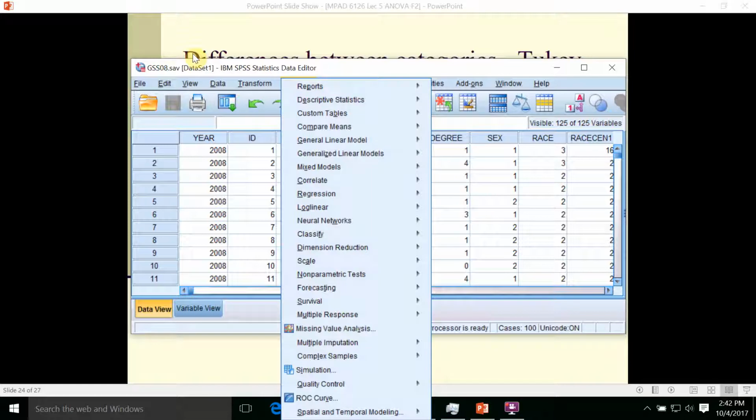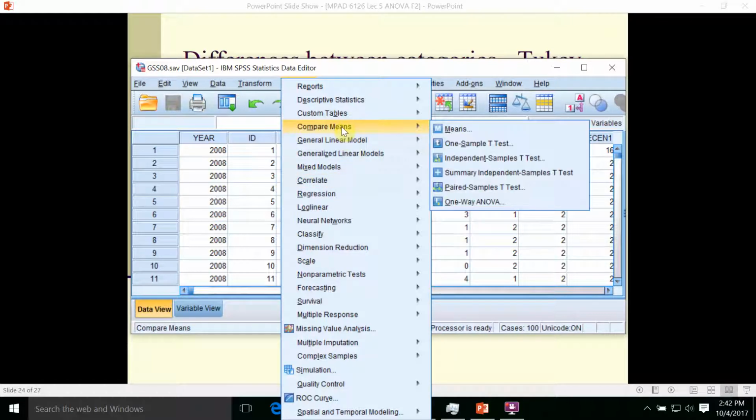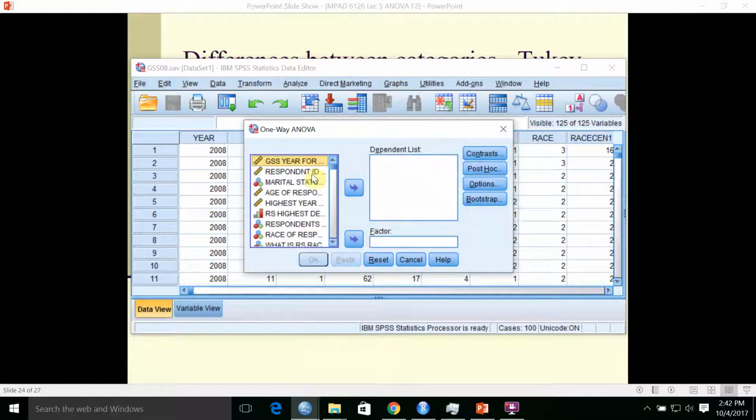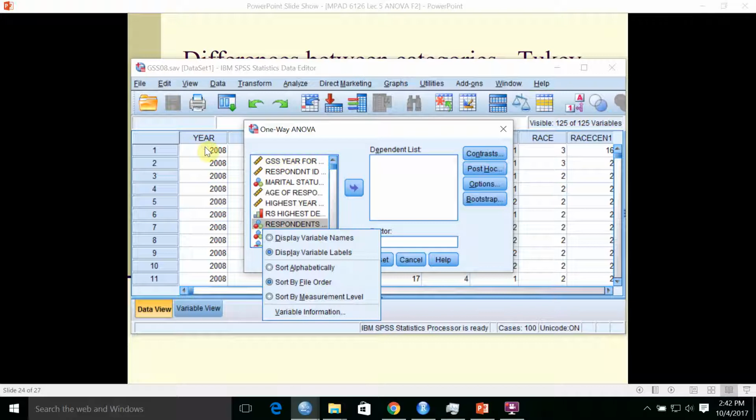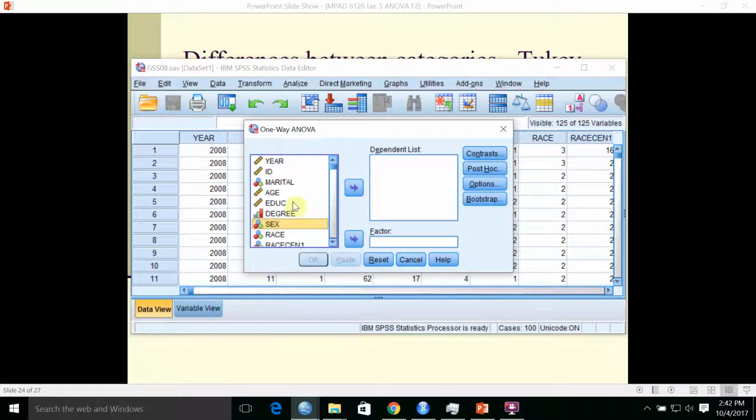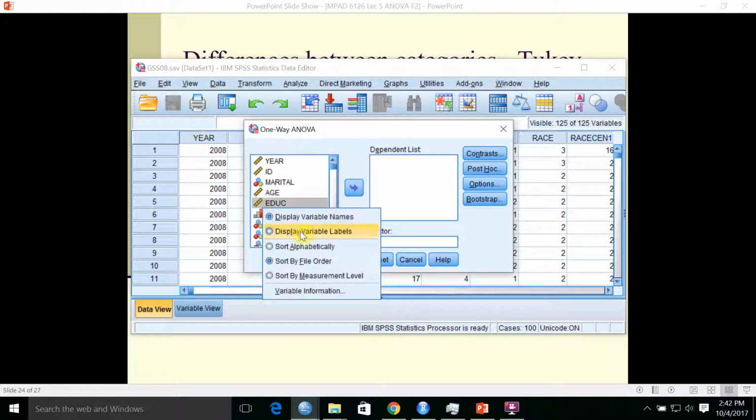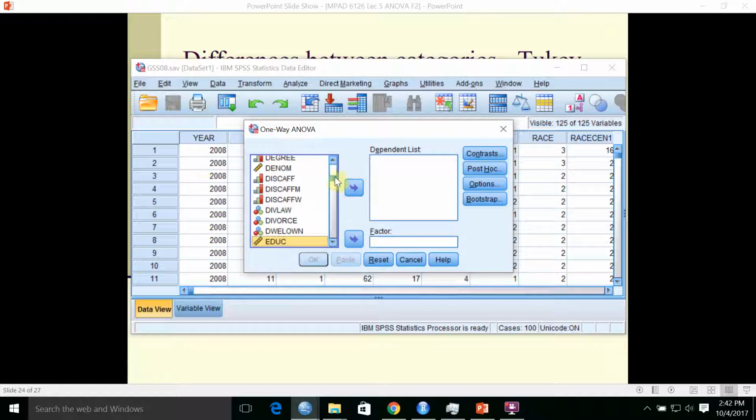Okay, so when we do this test, we're going to go to compare means. So we're still comparing means. We're going to click on one-way ANOVA. Then we're going to click on display variable names and sort alphabetically.